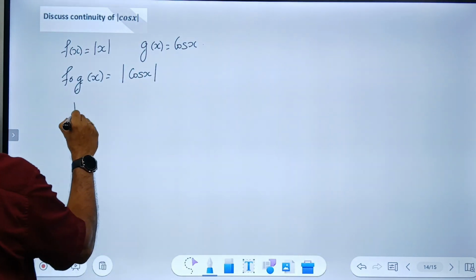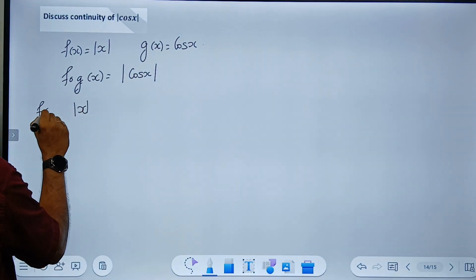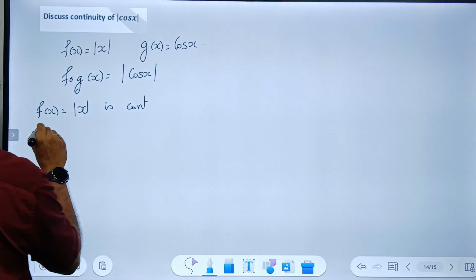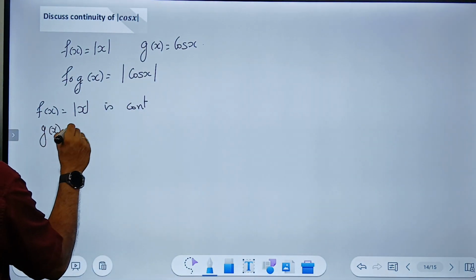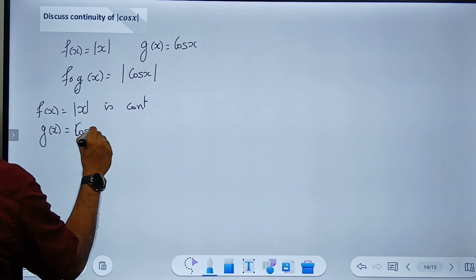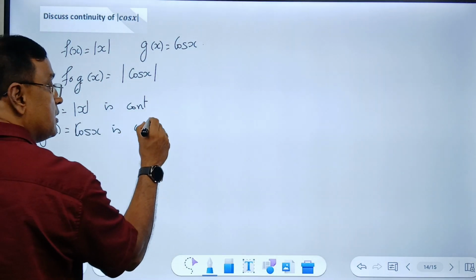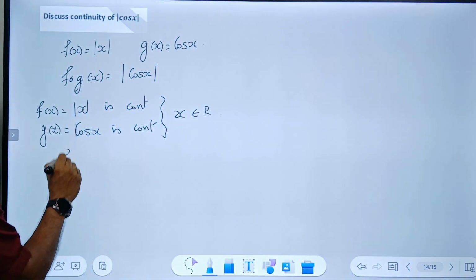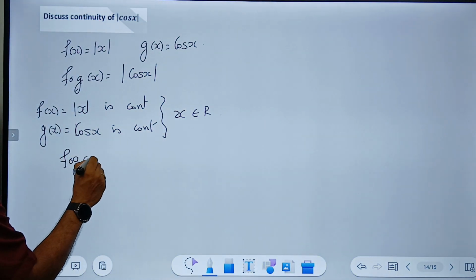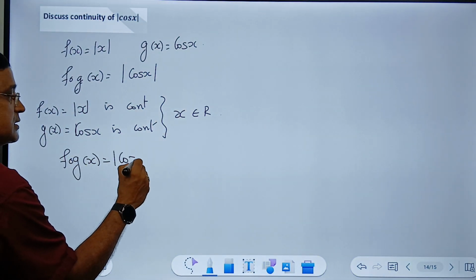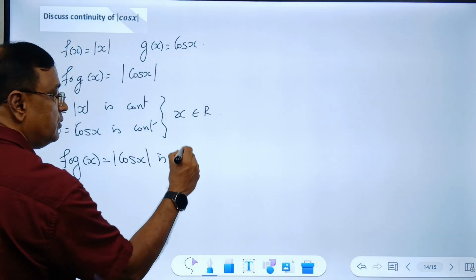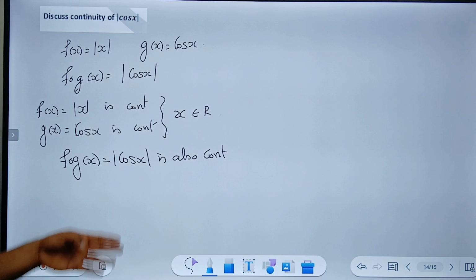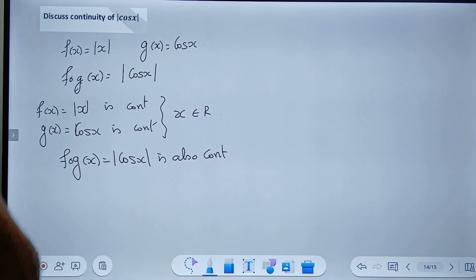Clearly, f of x equal to mod x is continuous, and g of x equal to cos x is continuous, where they are continuous in the real line. Therefore, the composition modulus of cos x is also continuous. It's very, very important you know these results. These are very important for 1 mark questions.